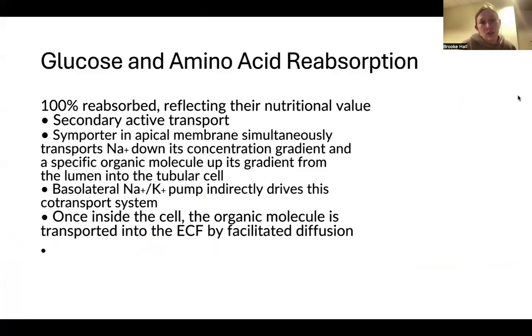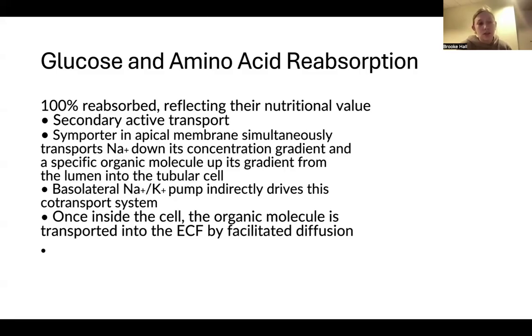Glucose and amino acids are also reabsorbed, and they are 100% reabsorbed, which reflects their nutritional value. This is done through secondary active transport. The symporter in the apical membrane simultaneously transports sodium down its concentration gradient, and a specific organic molecule is then transported up its gradient from the lumen into the tubular cell.